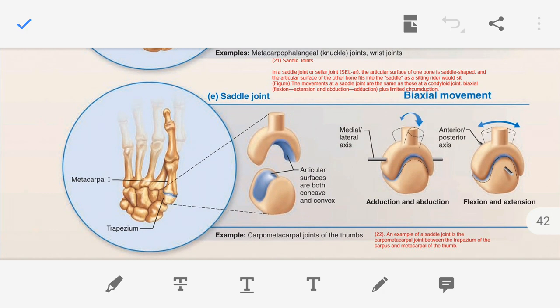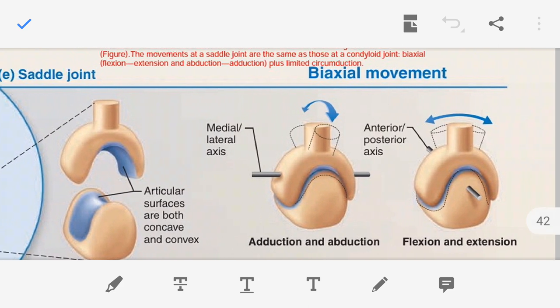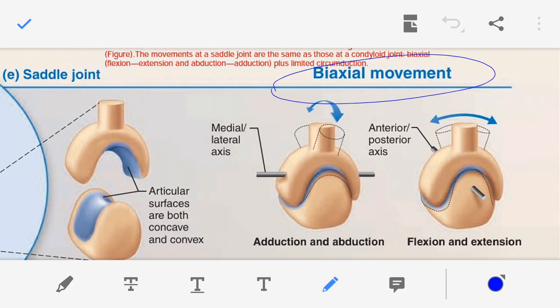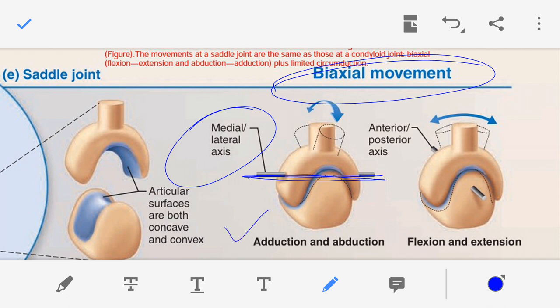Now the saddle joint permits biaxial movement. This is the medial lateral axis, and abduction and adduction are possible.